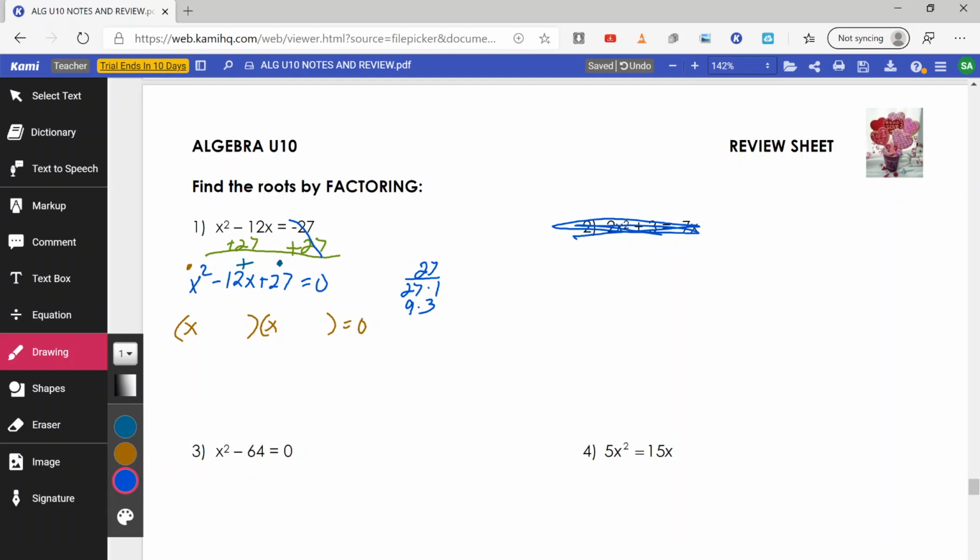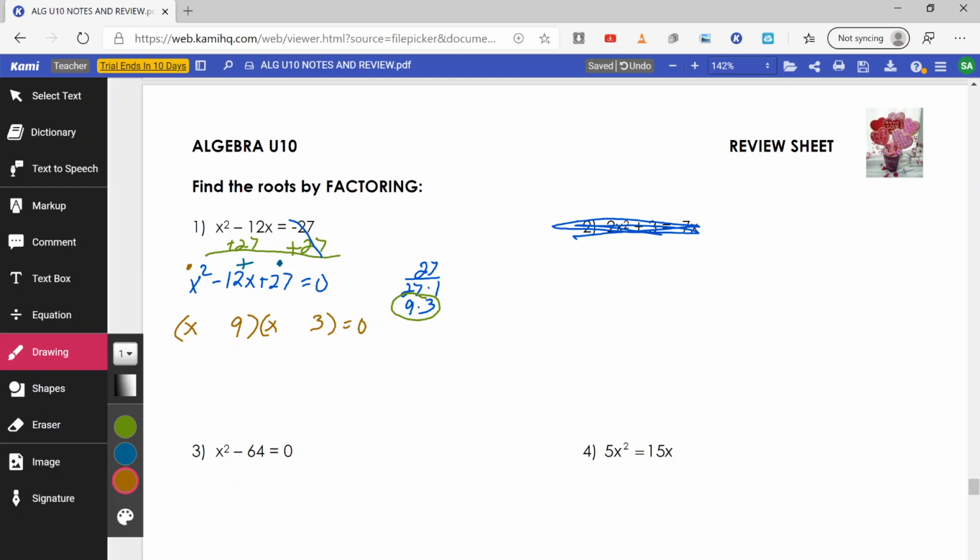So out of these two pairings, I need to get to that 12x. And the only one where I could come up with 12 is 9 plus 3. So 9 and 3 makes 12. So we're going to put those two numbers in there. So 9 and 3. Now we have to look at the signs in our problem. So we're subtracting 12x and we're adding 27.